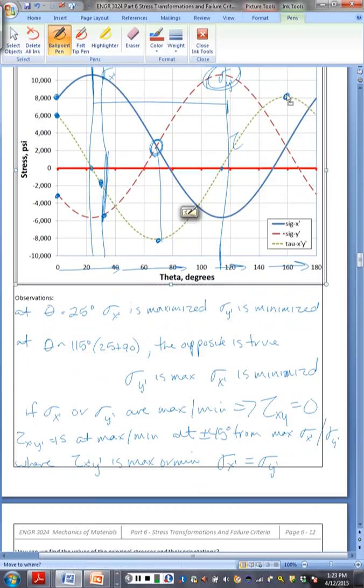And also here we have shear stress at a maximum, and that corresponds to the normal stress in the x and normal stress in the y being equal.